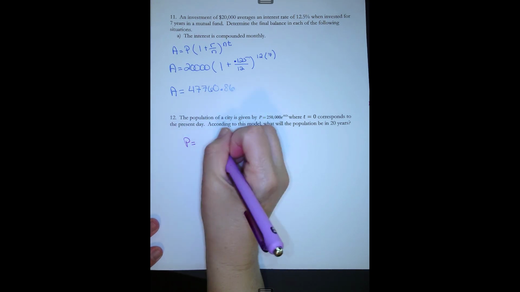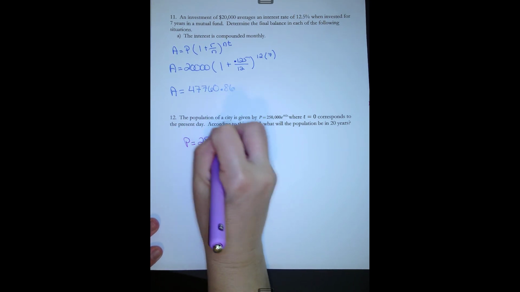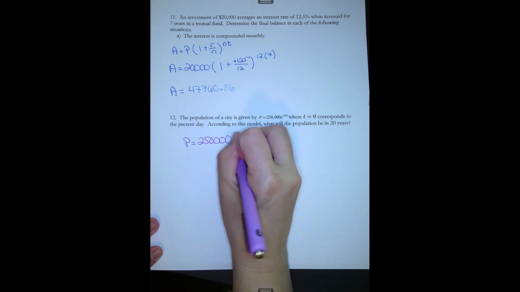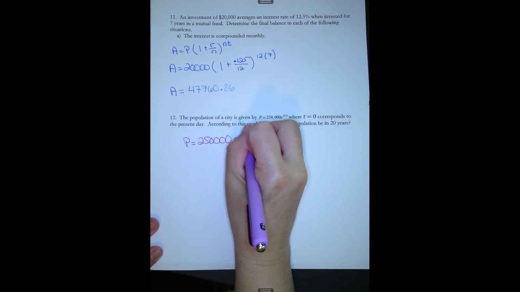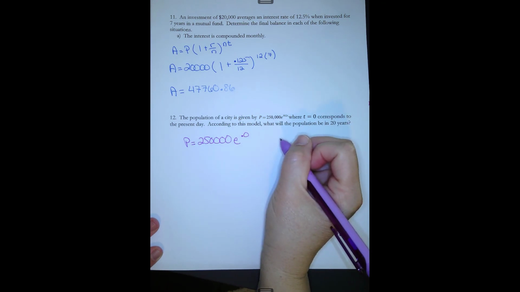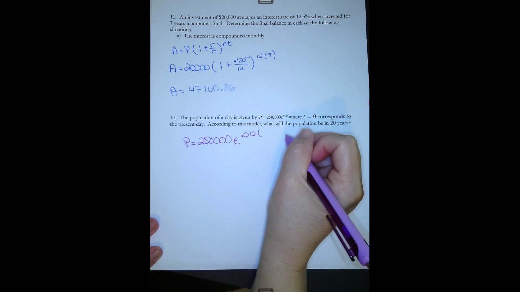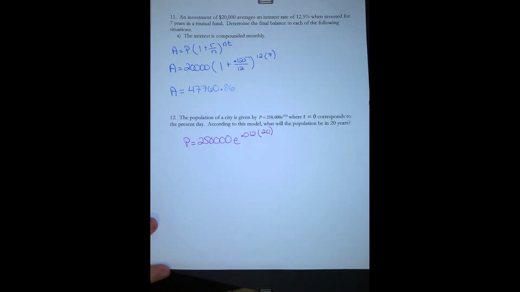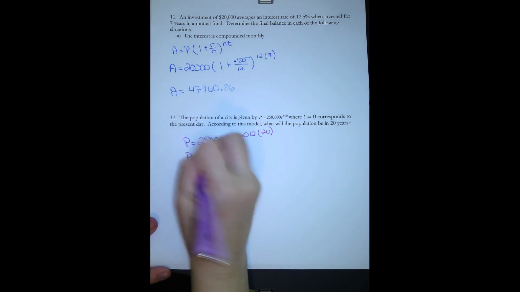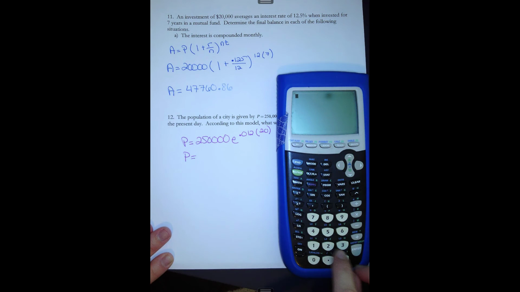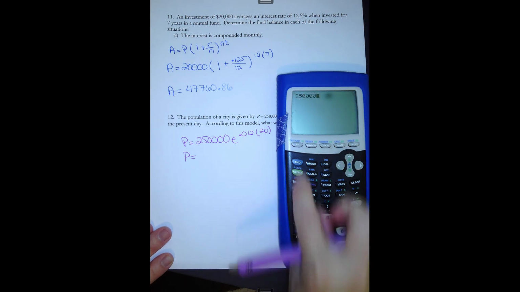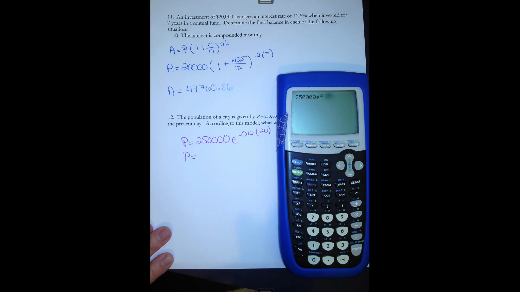So we have P equals 250,000 e to the 0.012, and in this case we're going to multiply it by 20 years. And we just want to know what our population is going to be, so we're going to plug it in. So 250,000 e, raised to the 0.012 times, in this case, 20.